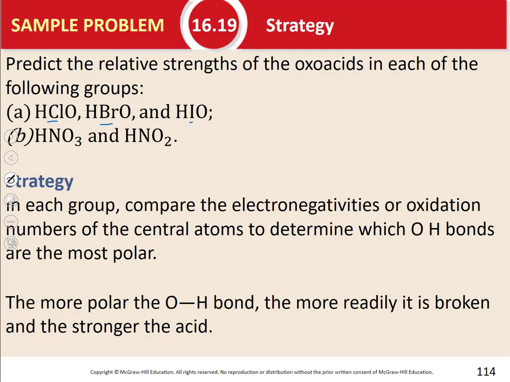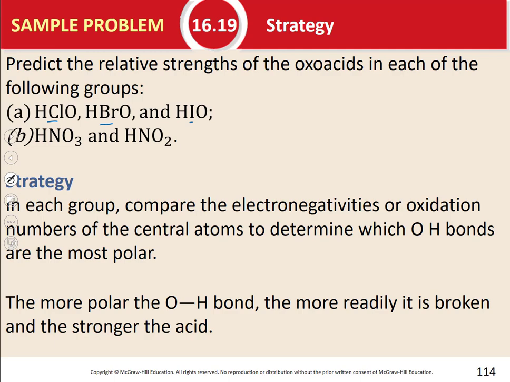If you're comparing the different central atoms, and all these are in the same family, you're going off of electronegativity. Chlorine, bromine, and iodine, which one of those is the most electronegative? Chlorine, good. Which one's the least electronegative? Iodine, good. Electronegativity increases as you go up a family, so chlorine is the most electronegative and iodine is the least electronegative.